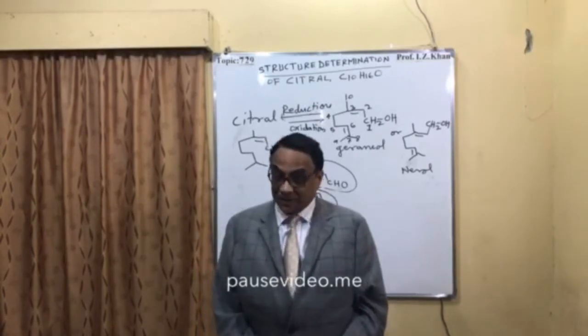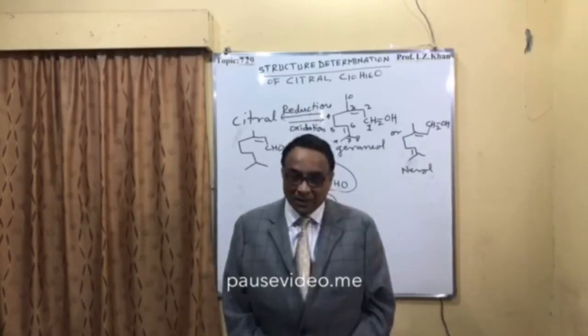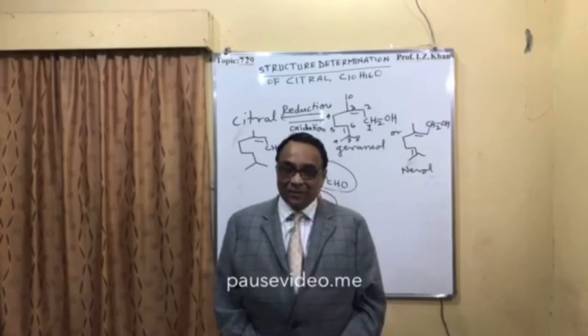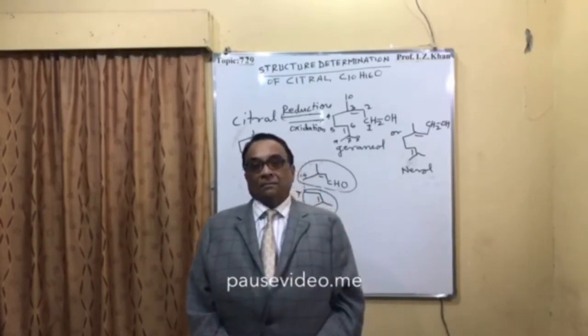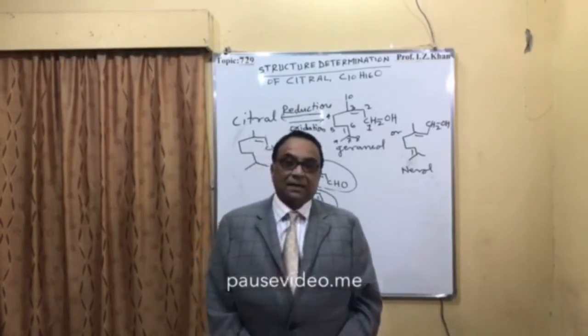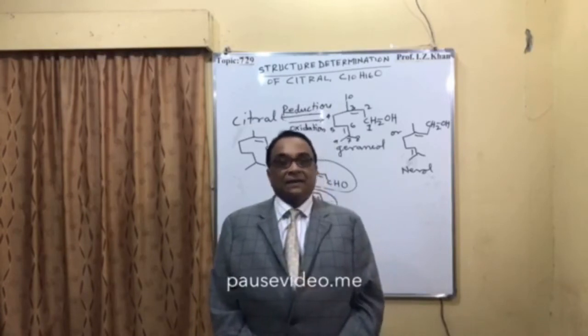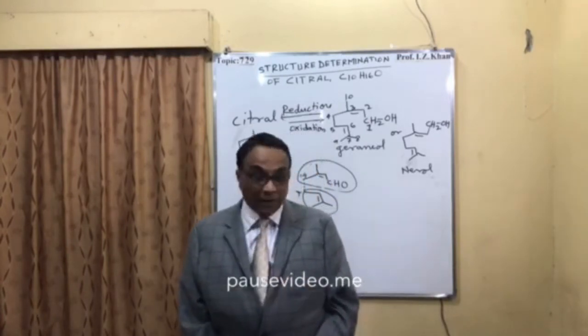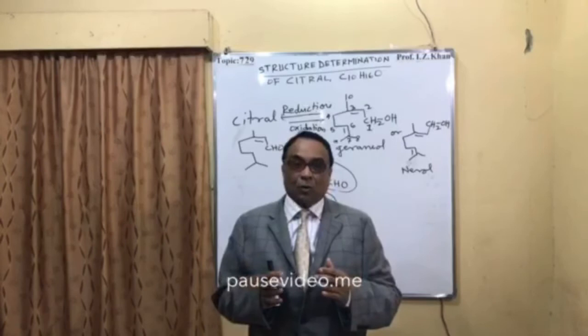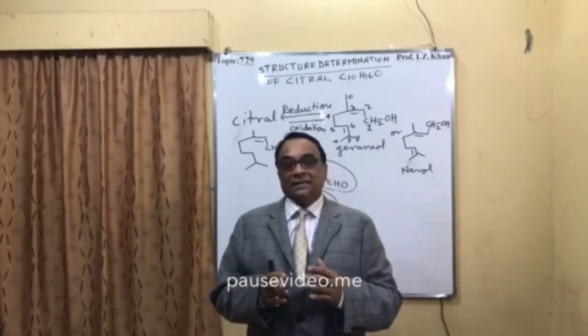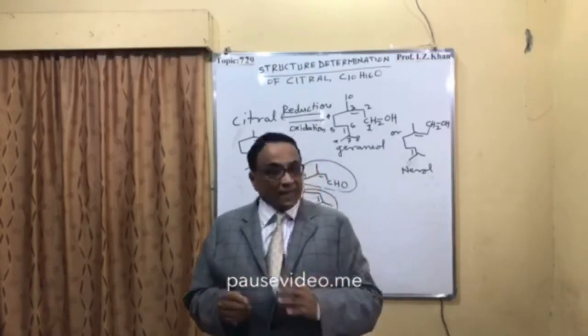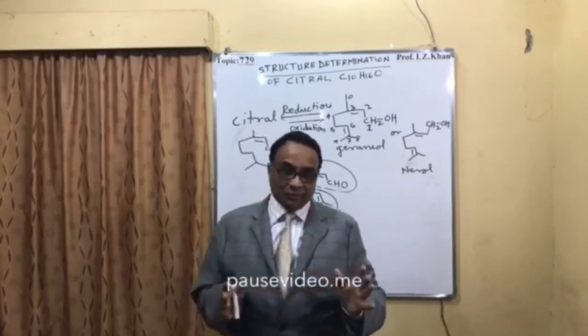So formation of oxime, formation of semicarbazone and formation of bisulfite indicates that it contains a carbonyl group. But it is not yet clear whether this carbonyl group is a ketone group or an aldehyde group.